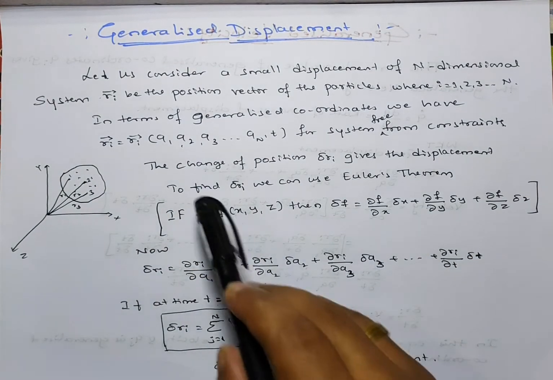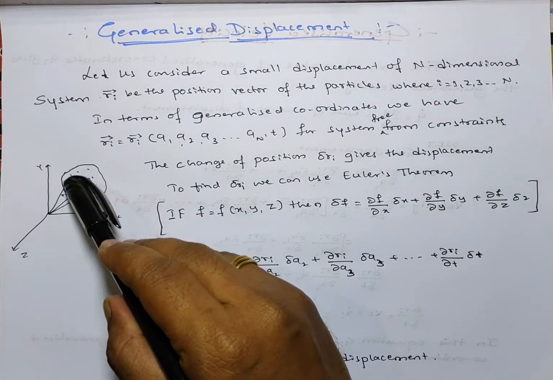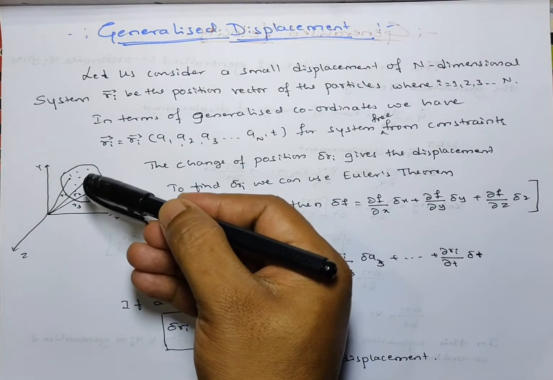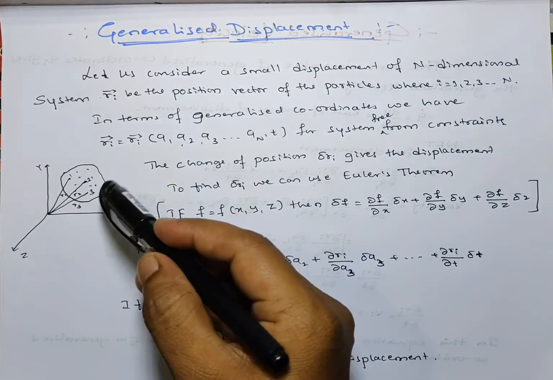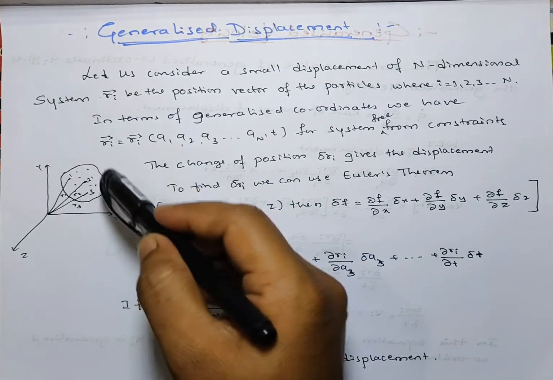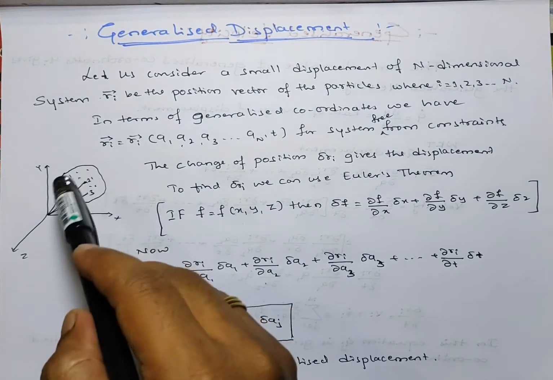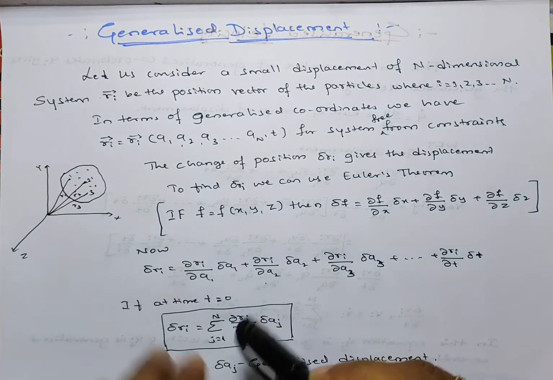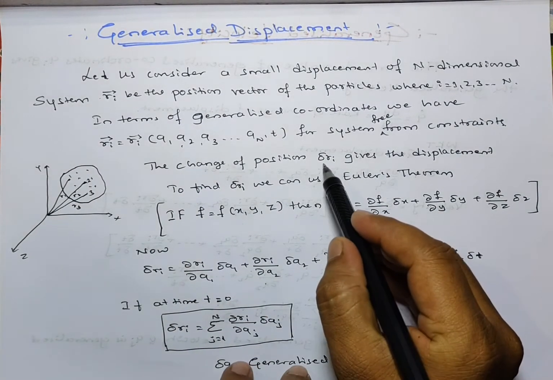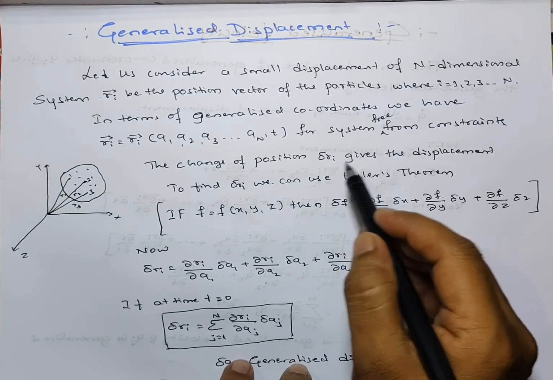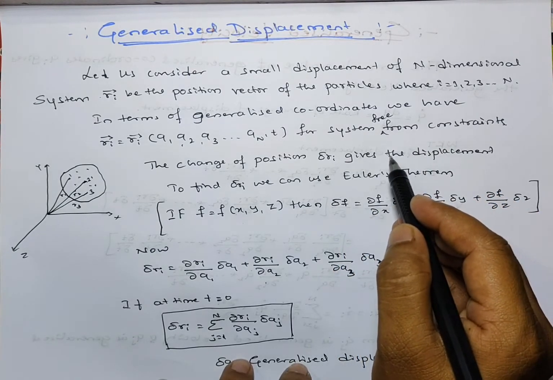Then there is a change in the position. That change in the position I am going to denote as del ri, which gives the displacement, right?